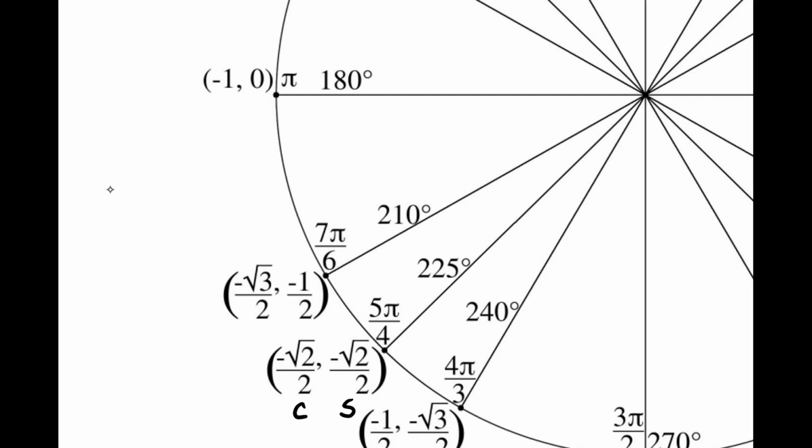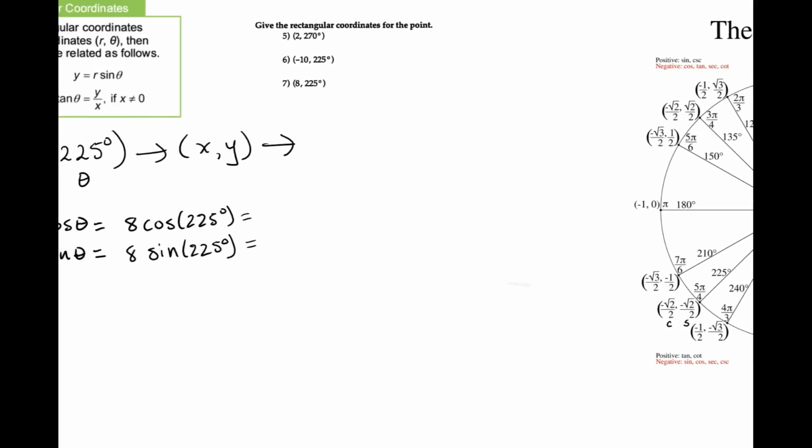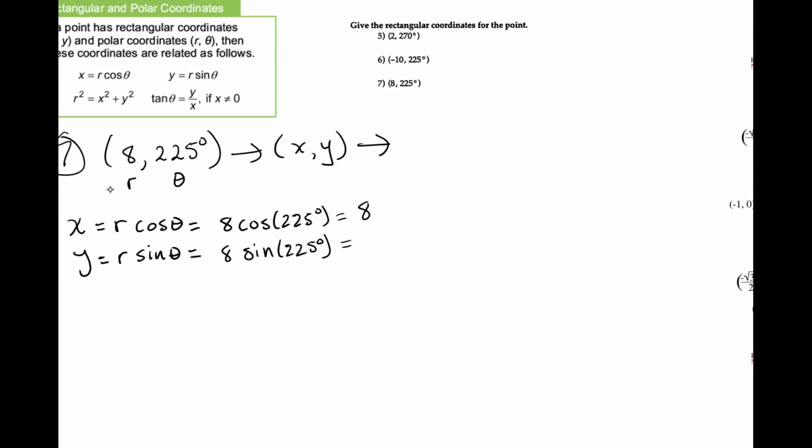So that works out very nicely for us. Okay, so we're going to say then this is 8 times negative square root of 2 over 2 and 8 times negative square root of 2 over 2. So this is going to be negative 4 square root of 2 and a negative 4 square root of 2.